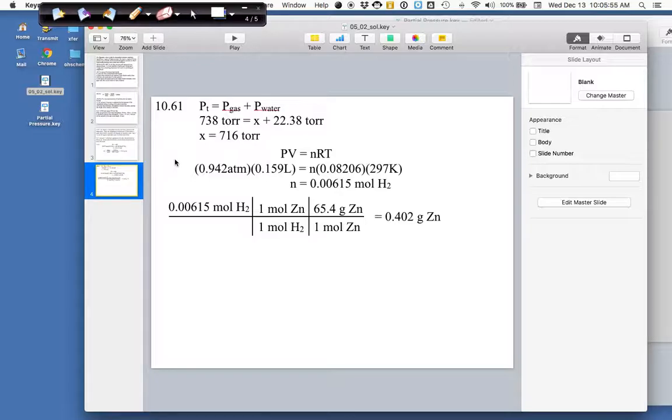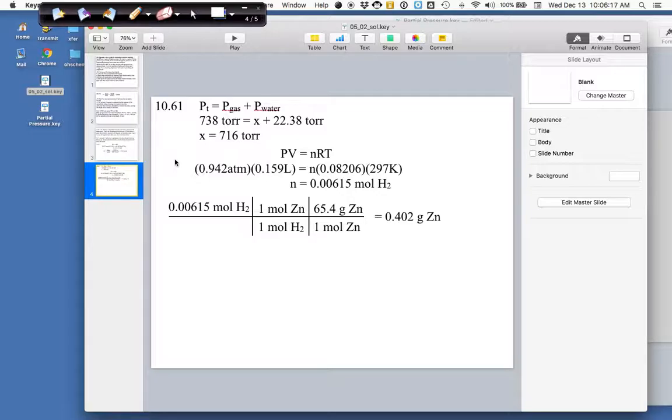So at 24 Celsius, the partial pressure of the water is 22.38 torr. Subtracting and watching significant digits, or actually decimal places, we now know that the pressure of that hydrogen gas is 716 torr, which we'll then need to convert to atmospheres by dividing by 760.